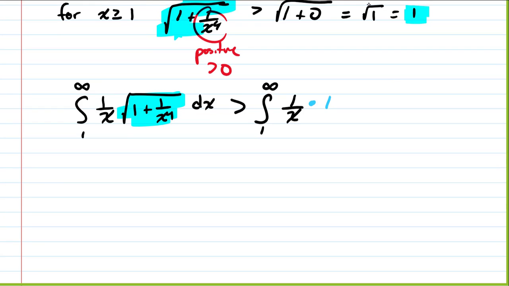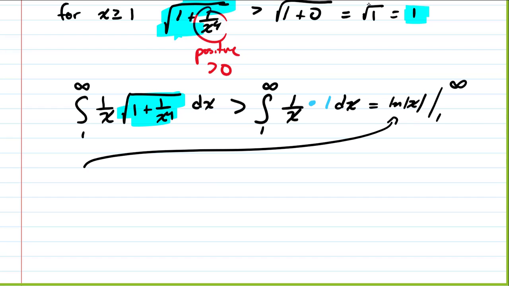Well, we can calculate this integral because we know how to integrate 1 over x. This is equal to the natural logarithm of x evaluated from 1 to infinity. But this integral diverges to positive infinity.